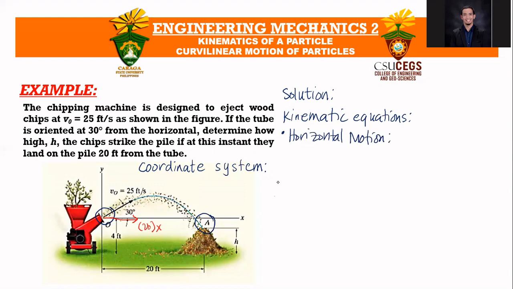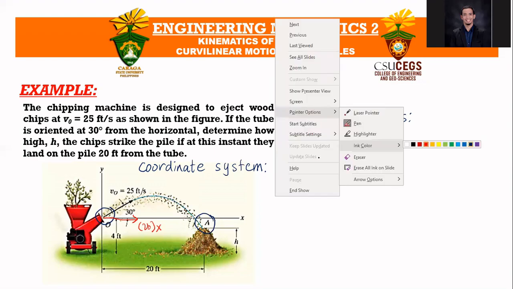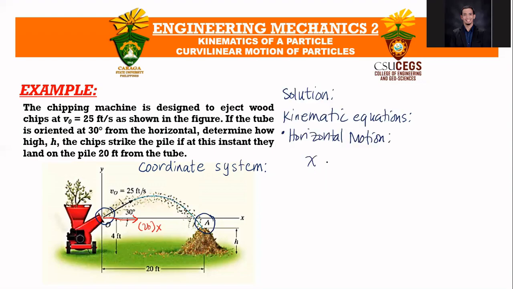And for the horizontal motion, the only equation na gamiton nato is this one, that is x is equal to xo plus Voxt. So mao lang ni ang equation na gamiton nato for the horizontal motion.